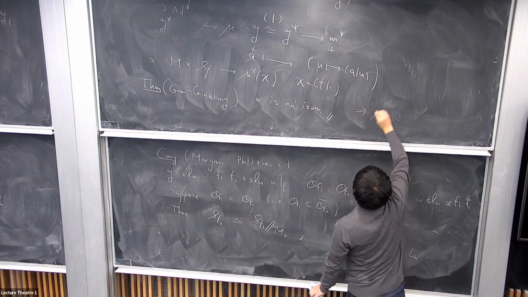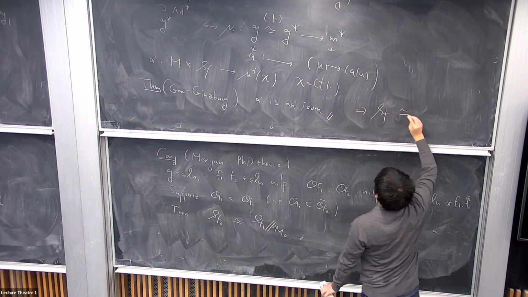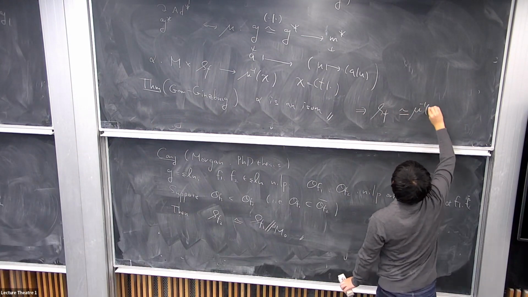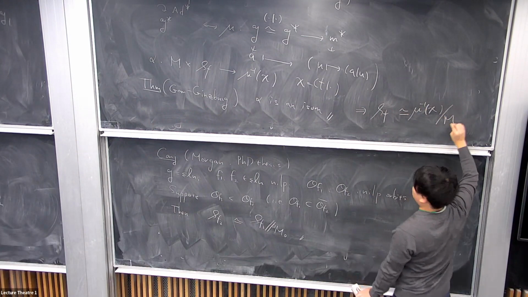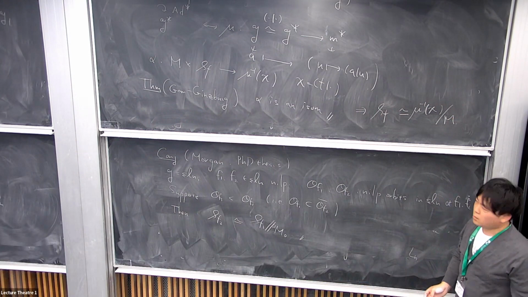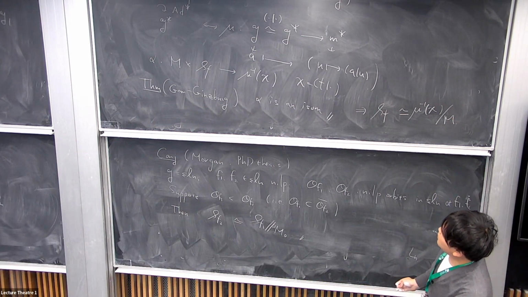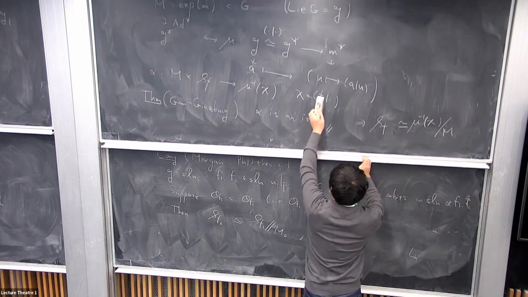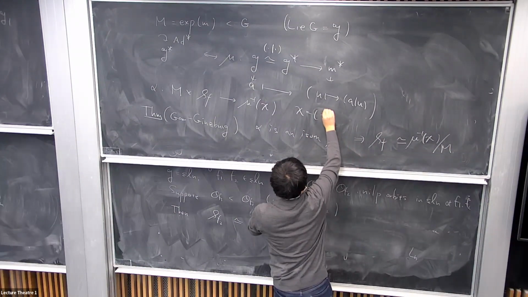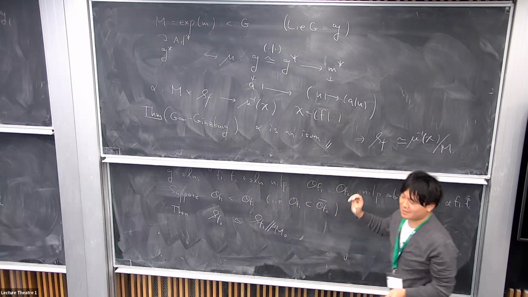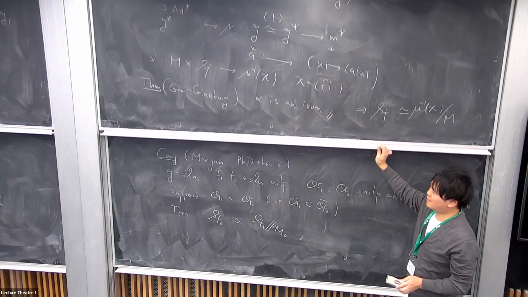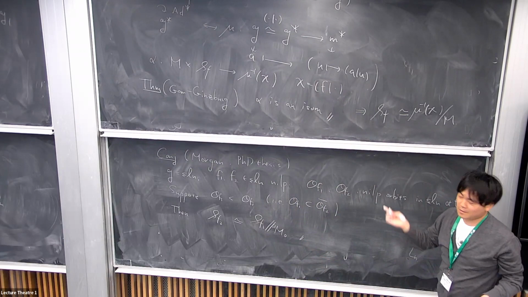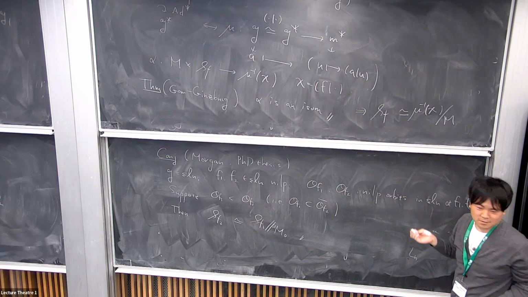We see that this slice is isomorphic to mu inverse of phi. What is T? Sorry, F. That is the pairing with F. Yes. Anyway, this is the statement.